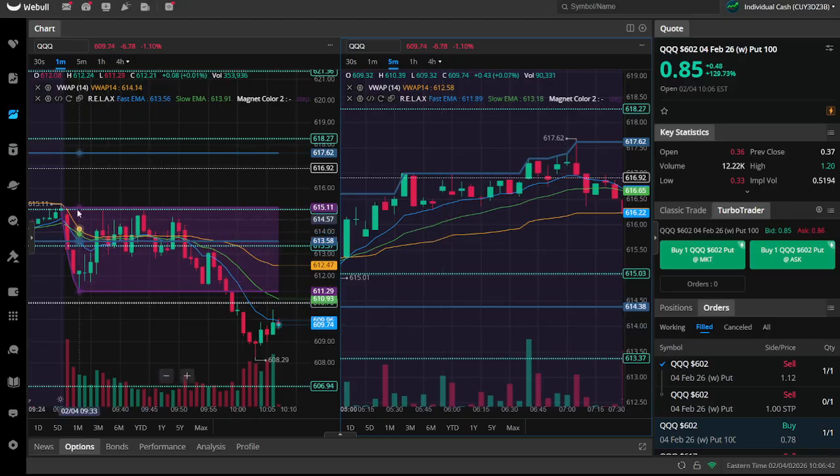This purple is as soon as it opens at 9:30, it automatically starts marking out the high and low of the opening range. That gives me a good reference. These light blue lines here tell me the pre-market range was there. The opening range opened at the low end of it.